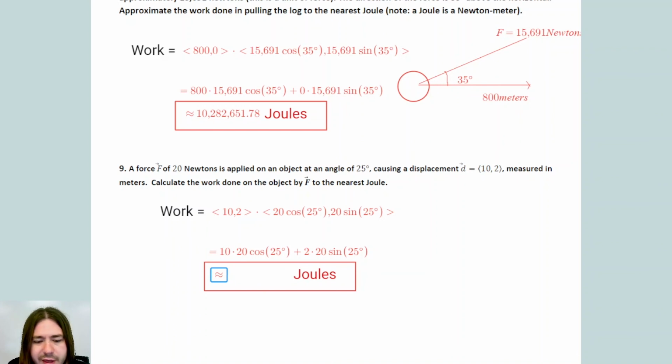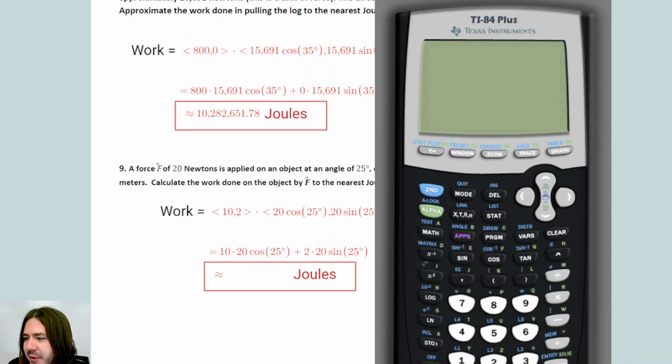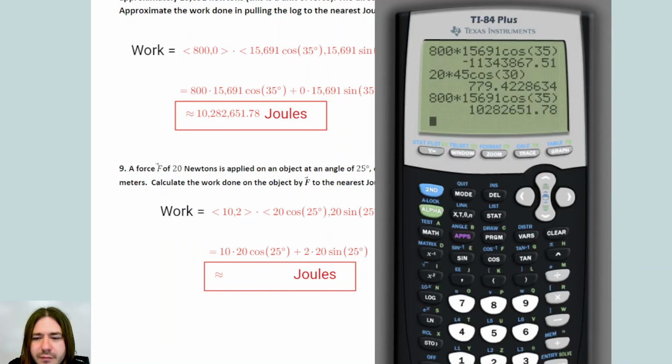So let's go to the calculator. 25 is not one of our common angles, and so we are definitely going to use the calculator to compute this one. We've got 10 times 20 times the cosine of 25 degrees. Let's make sure we're in degrees here. Yeah. All right.